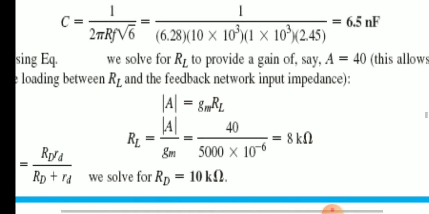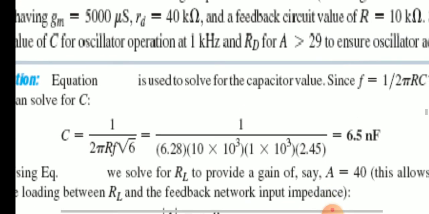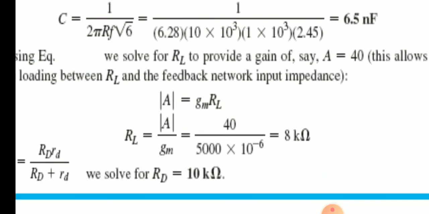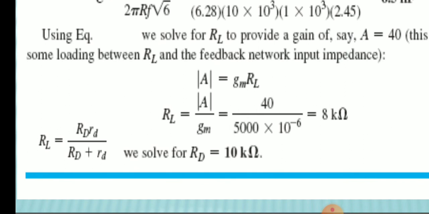First we have to calculate the value of gain. So put the value of GM, given as 5000 microsiemens, and RL, so we first have to calculate the value of RL. RL can be calculated by capital RD into small rd divided by capital RD plus small rd. By putting in the values, you can calculate RL.